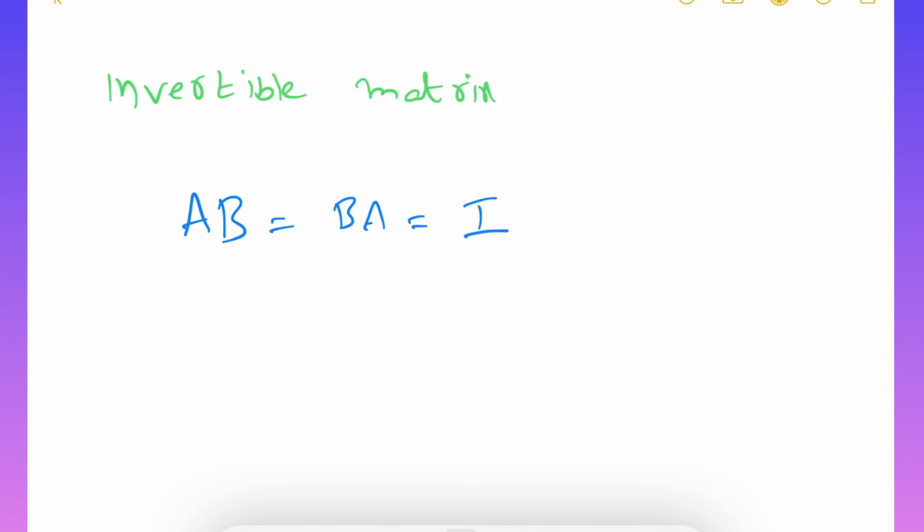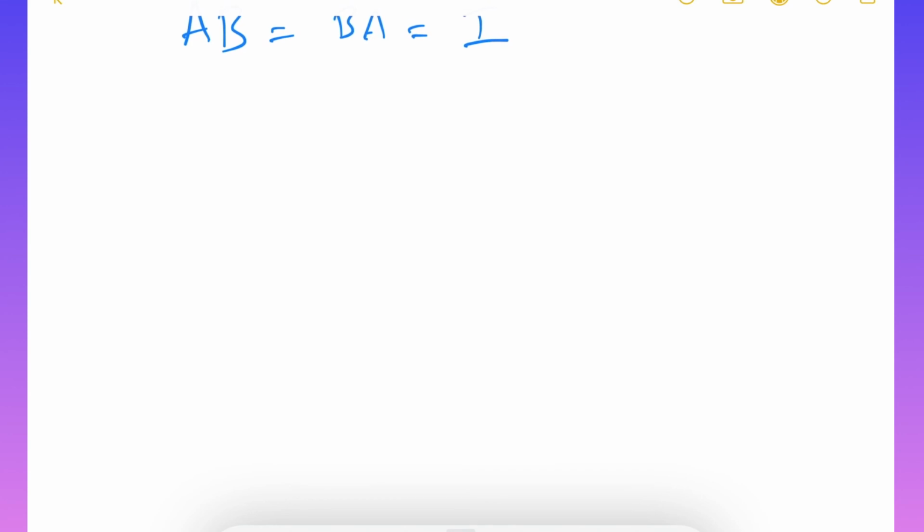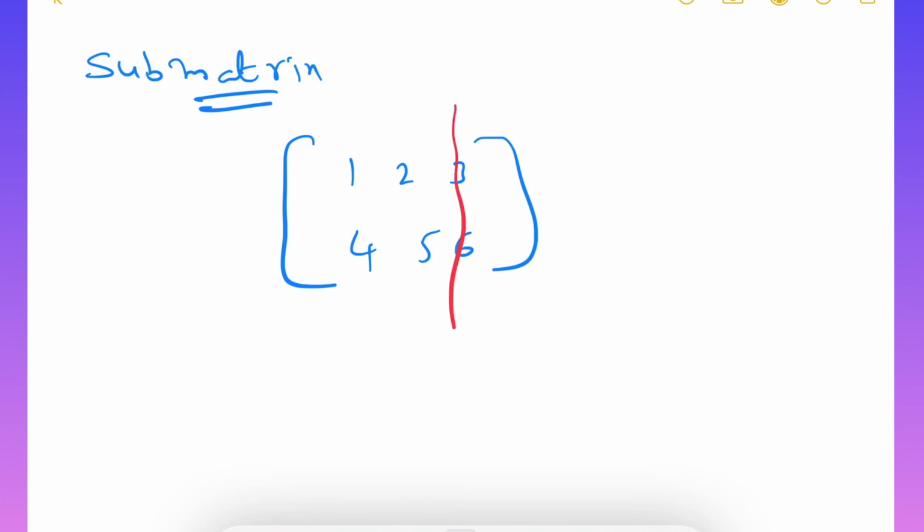Now the last point we will discuss is the submatrix. It's one of the very easy topics. Of course it's not that important, but let's keep an eye on it. So what is a submatrix? The name itself indicates it is a subset. For example, I have a matrix like 1 2 3 4 5 6. I will delete one column from this.